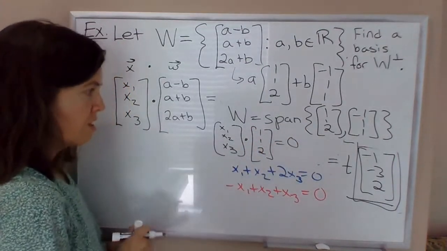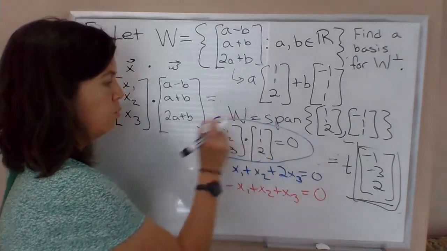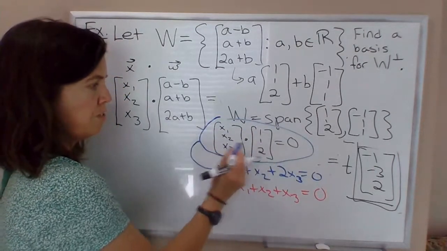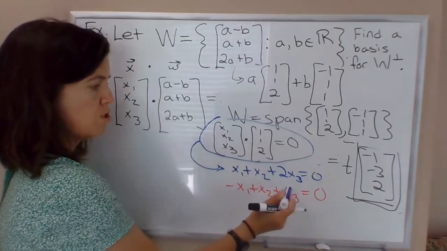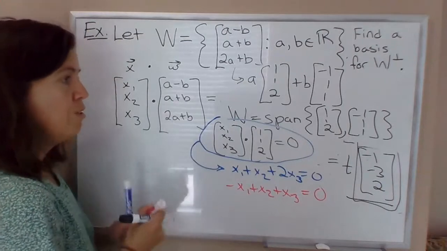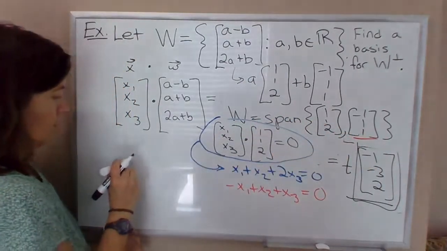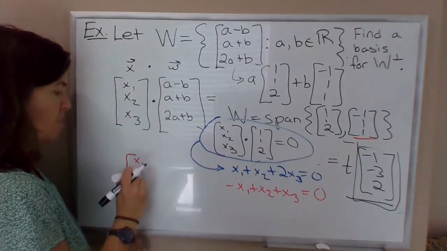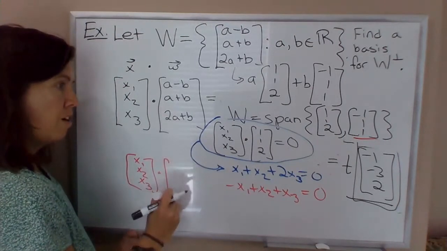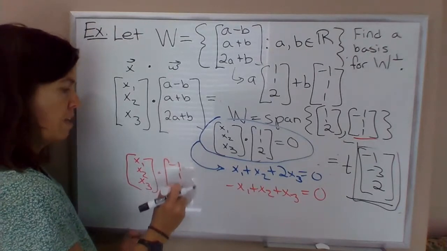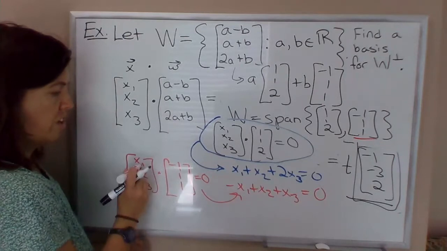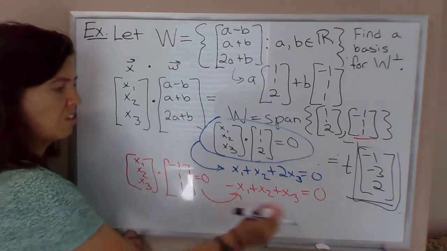Well, notice that this results in the equation x1 times 1 plus x2 times 1 plus x3 times 2 equals 0. It would have given us this equation right here. Then we would do the same thing with the second vector. Take your generic vector x in the orthogonal complement, dot product with that second spanning vector, and set it equal to 0. That gives you this equation, negative x1 plus x2 plus x3 equals 0.